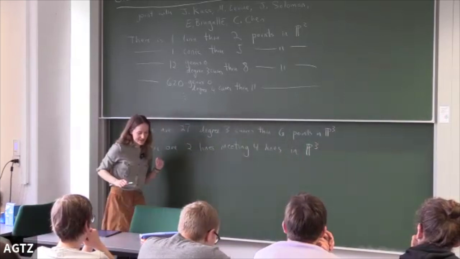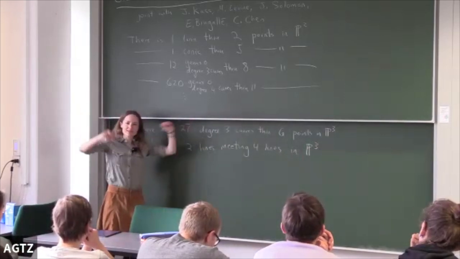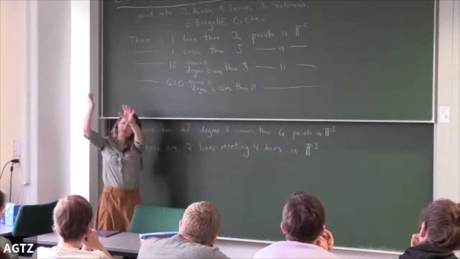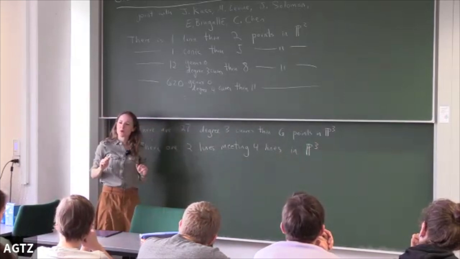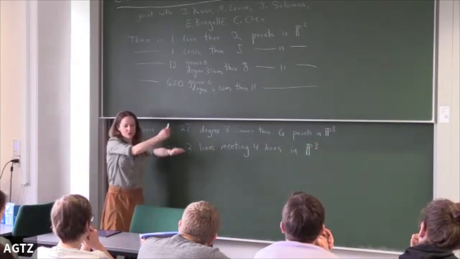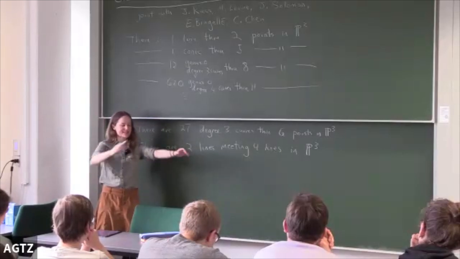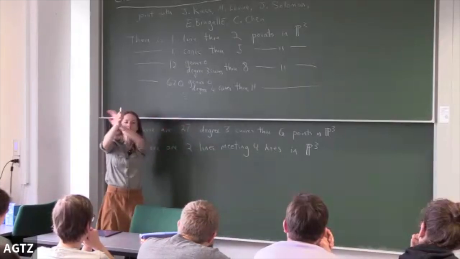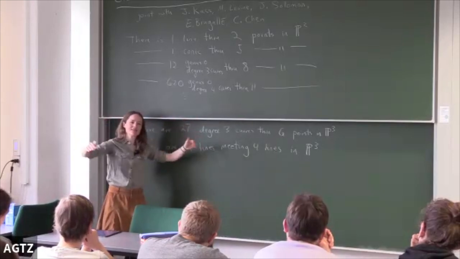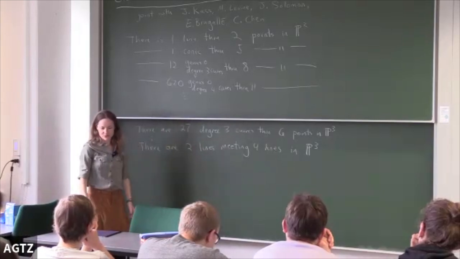If you believe that you could move these lines and not change your count, then you take 4 lines in the room and you decide to degenerate 2 of them so they meet at a point, and degenerate the other 2 of them so they meet at a point. And then it's true that the count of the lines meeting those 4 lines is the same. And how many lines is that? You can visibly see it. There's 1 line between the 2 cross points, and then each of those 2 together, they lie in a plane. And so those 2 planes intersect in another line, and there you have it. Those are the 2 lines.